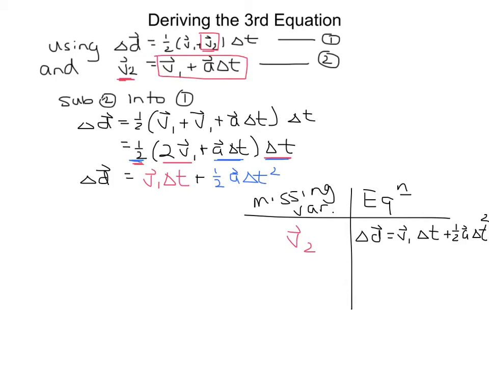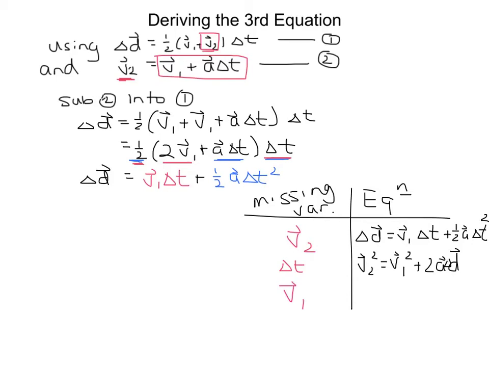And it gives us two equations, one that's missing delta t, and that equation will be v2 squared equals v1 squared plus 2a d, or delta d, that's what you're used to seeing, and also one that's missing v1.